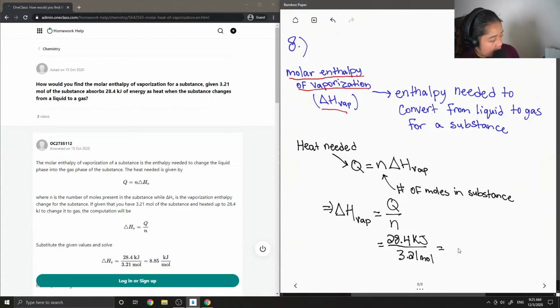This gives us a molar enthalpy of vaporization equal to 8.85 kilojoules per mole.